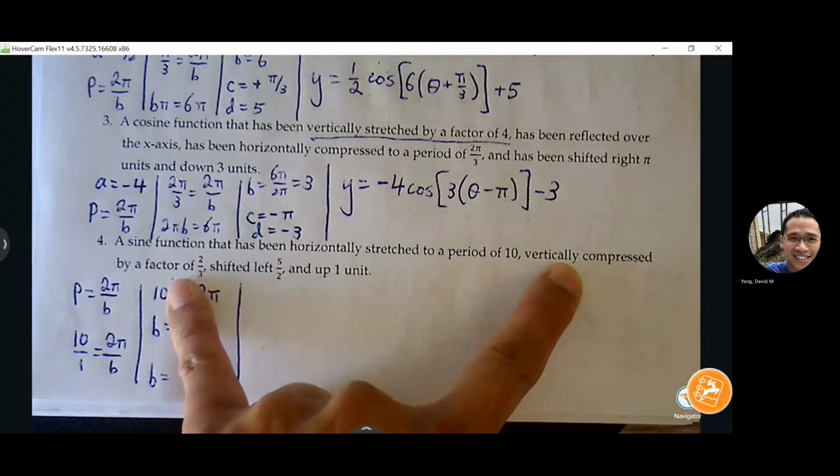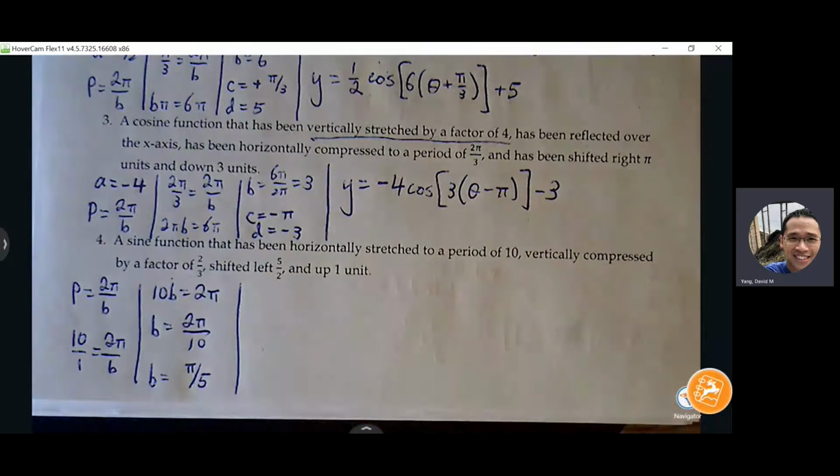What's that telling you? Good, yeah, so anything vertical, stretching or compressing, that's your A value.